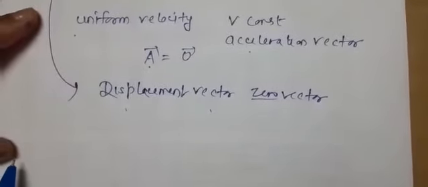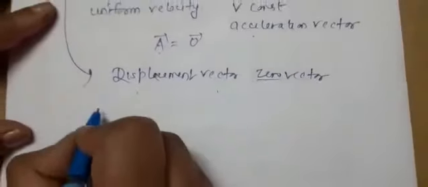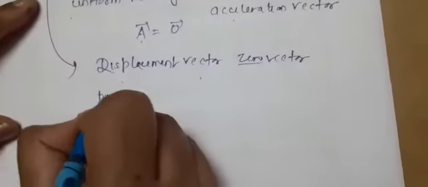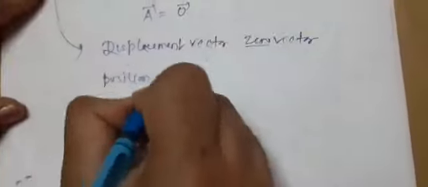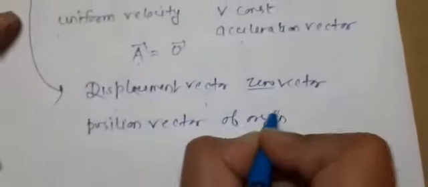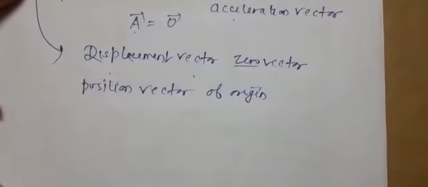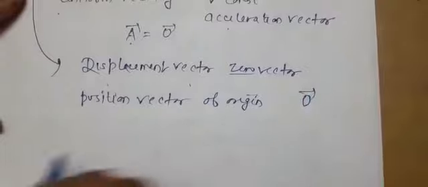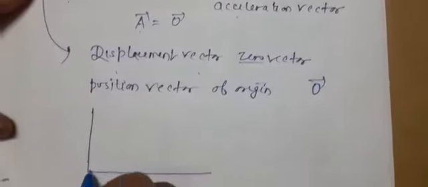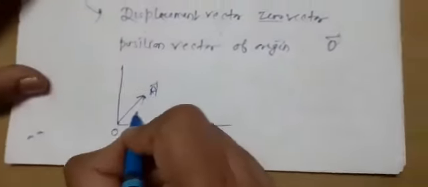There can be one more example. Suppose we take the position vector of the origin, with respect to which we do all the measurements, with respect to itself. That will again be a 0 vector. As we know, if a body is at point A, then its position vector is r.